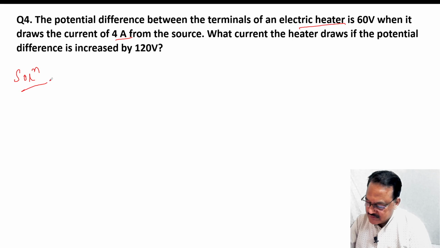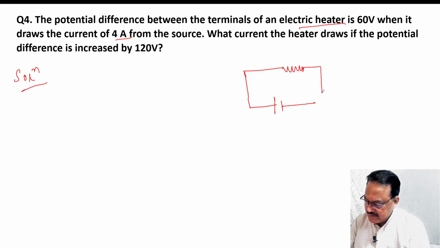Let us suppose this is the circuit in first condition. This is the voltage, the potential difference here. And electric heater means this is having some resistance value.